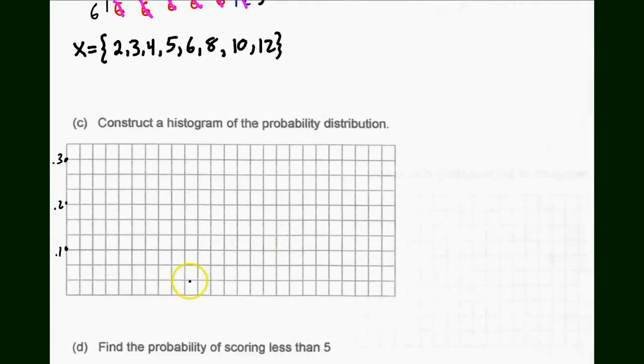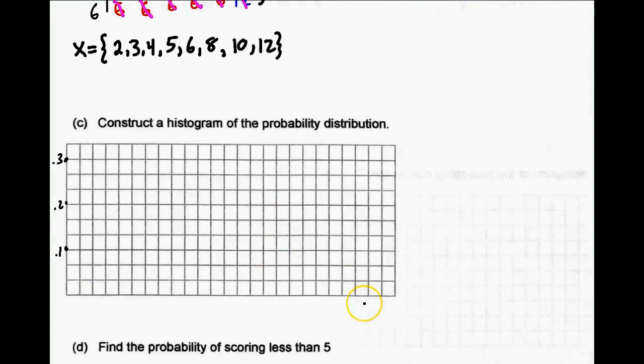I've got to fit 8 of them here, and I have like 25, so I can do 3s. 1, 2, 3, 4, 5, 6, 7, 8. There we go.